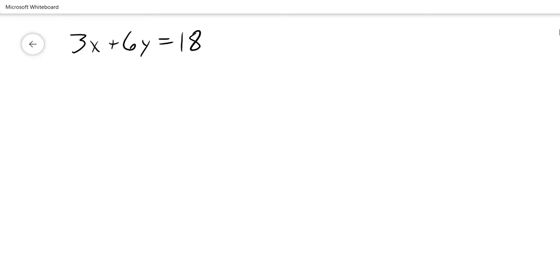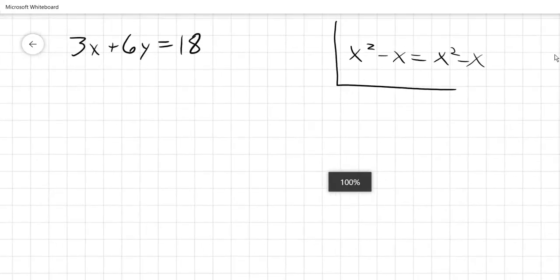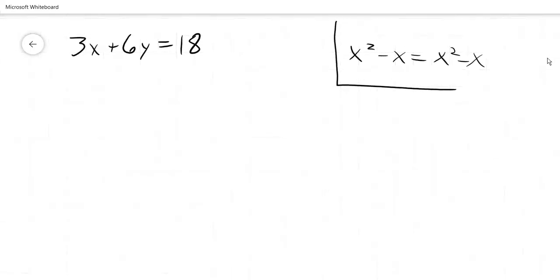Like if you were to try to subtract x from x squared minus x, guess what your answer is going to be? X squared minus x. You cannot subtract those two. I would get more into it in a later lesson.